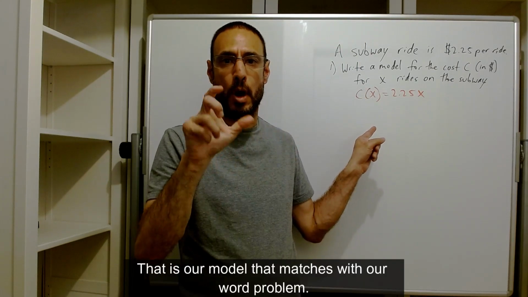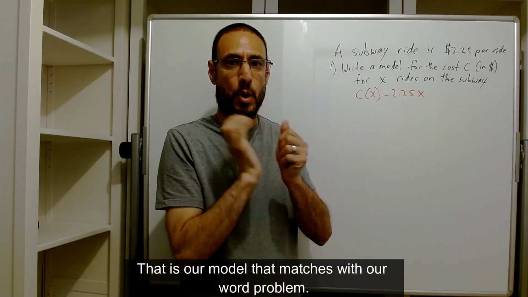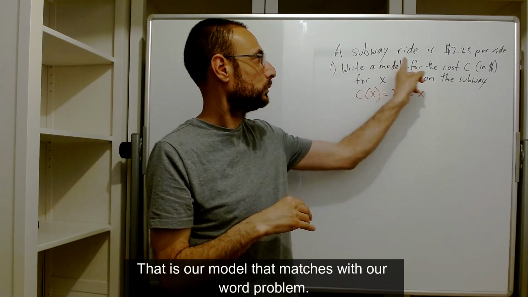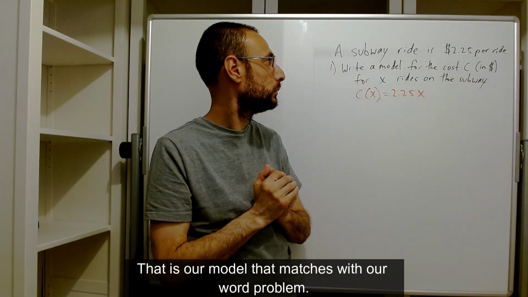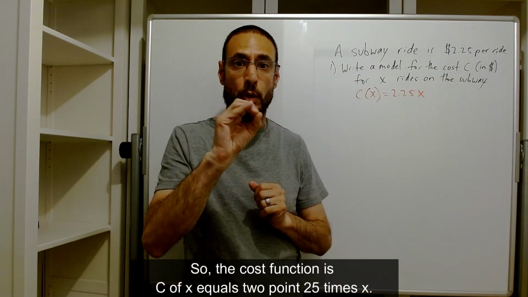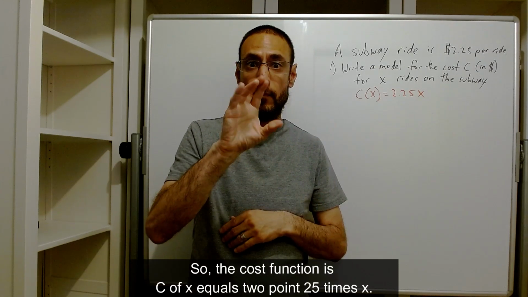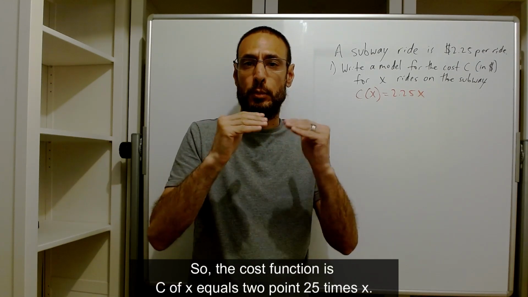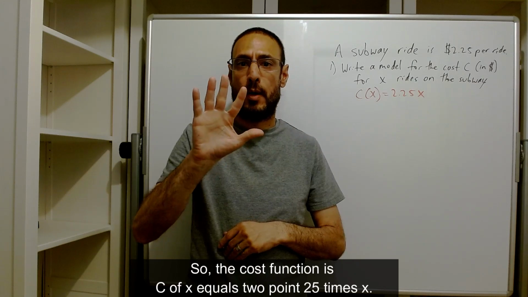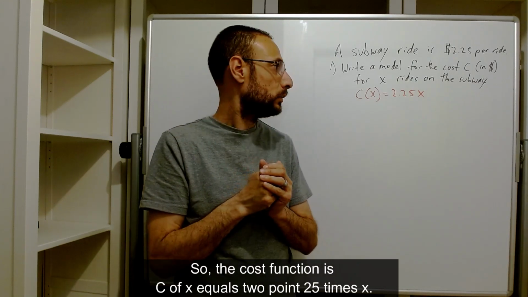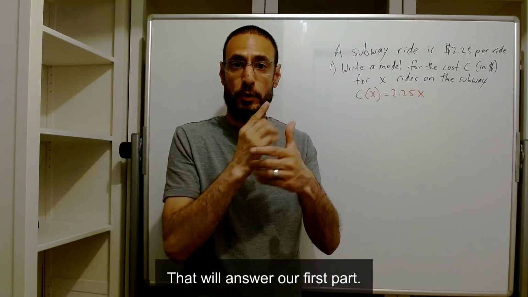That is our model that matches with our word problem. So, the cost function is C of X equals 2.25 times X. That will answer our first part.